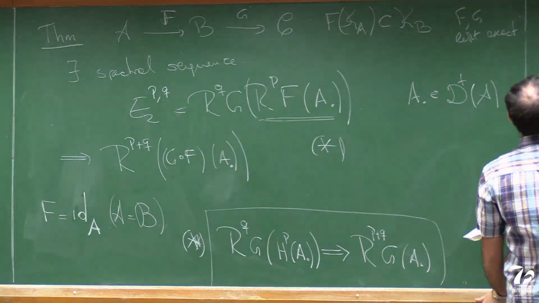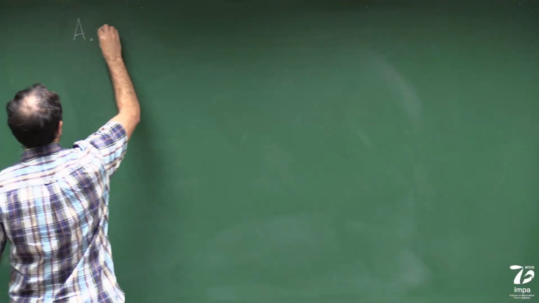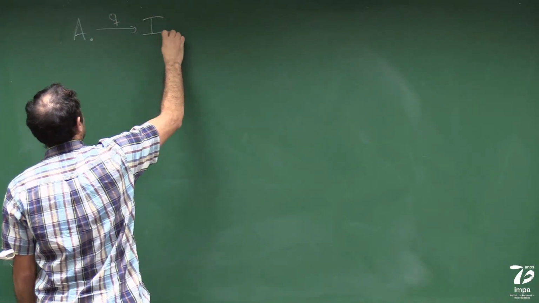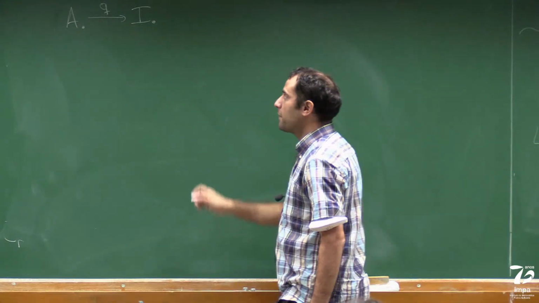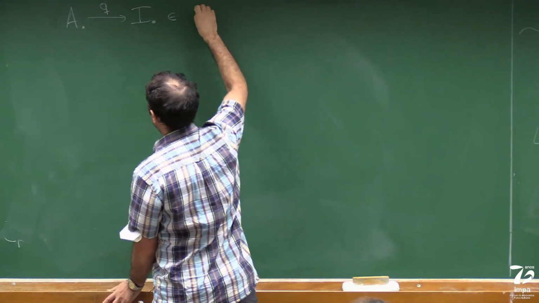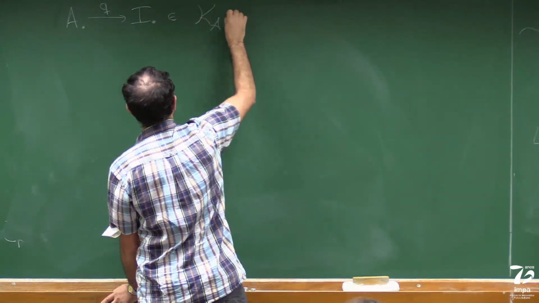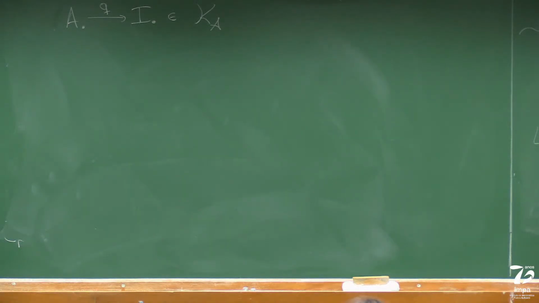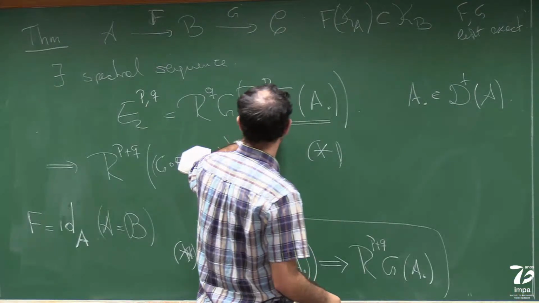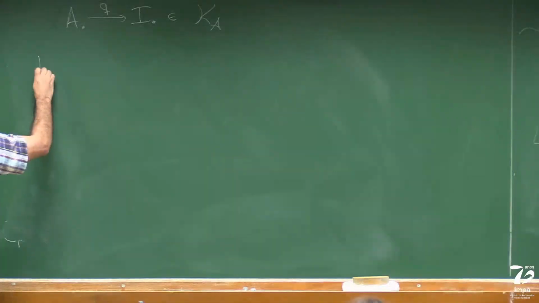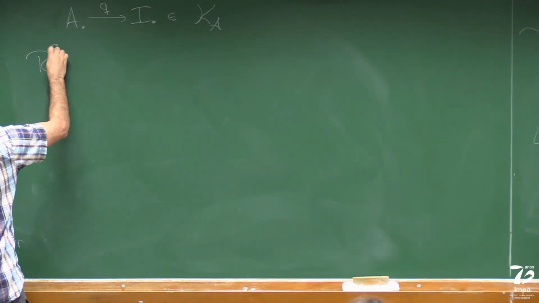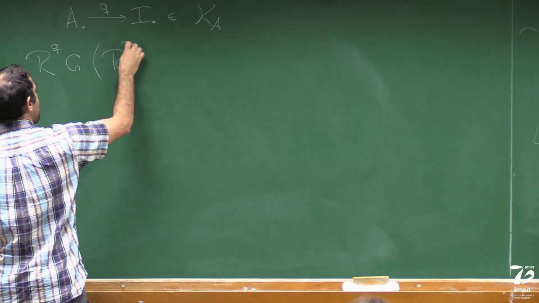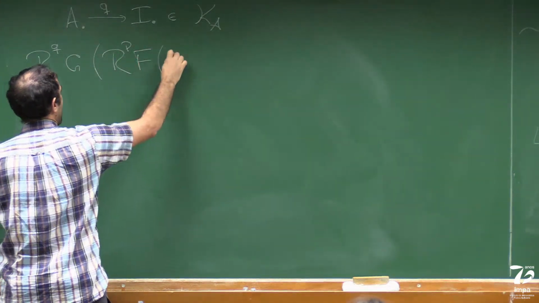So suppose that you have such an isomorphism to some complex in this K A. Then how do you compute this thing? Well, this is R^Q G of R^P F of I.